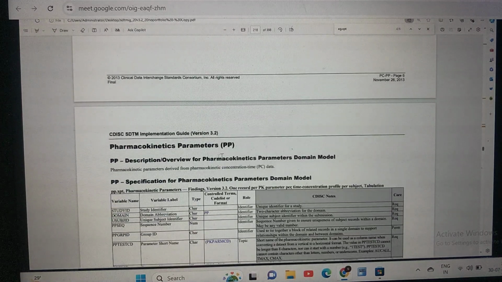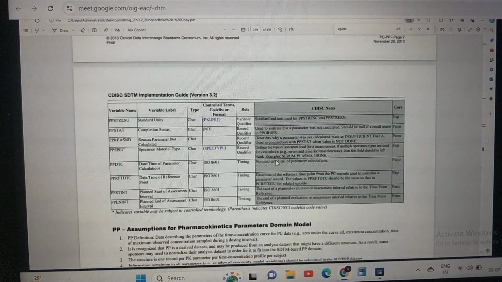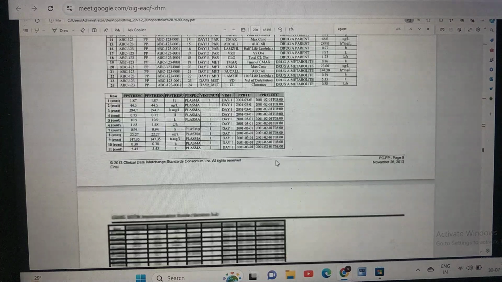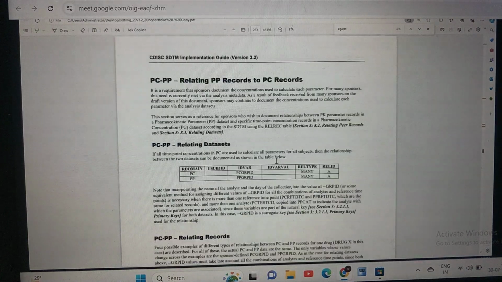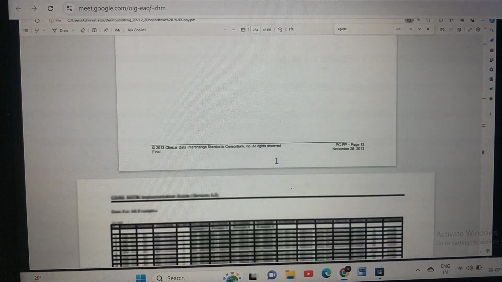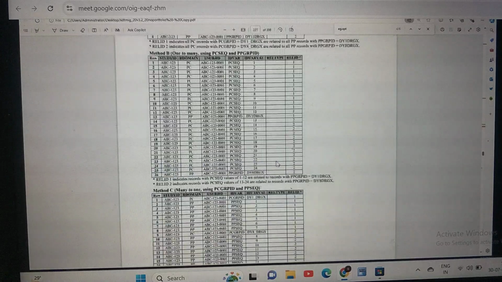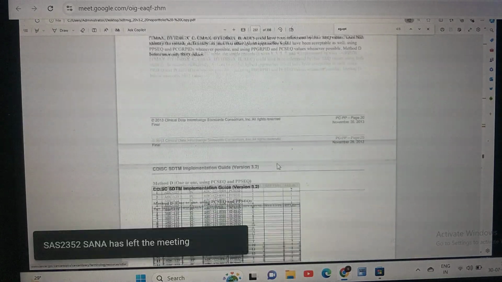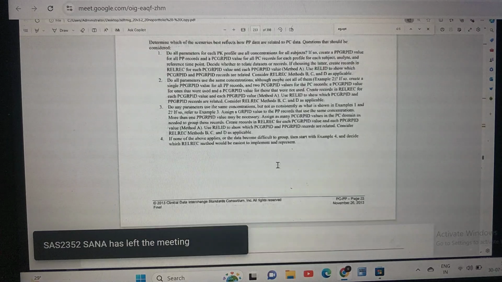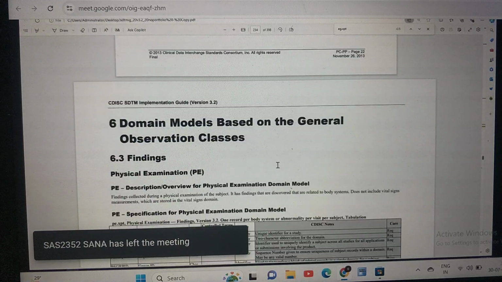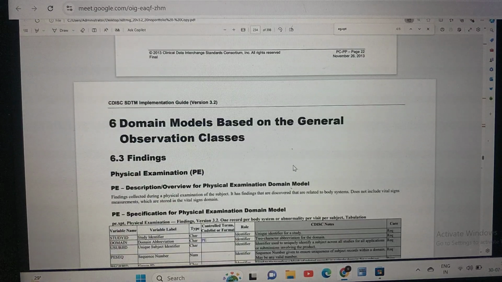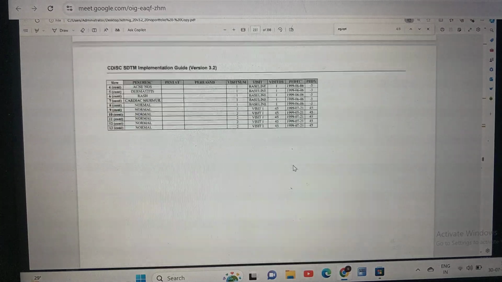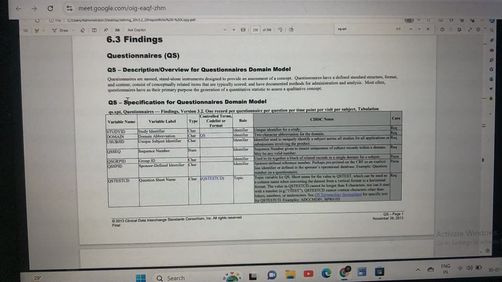Here the pharmacokinetic parameters will have the PP domain also. Again, there are a number of tests and test results based on this.